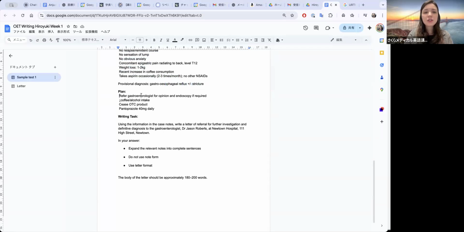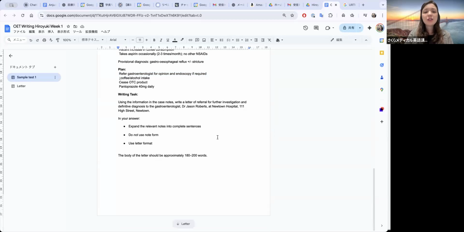Plan: refer to a gastroenterologist for opinion and endoscopy if required, decrease coffee and alcohol intake, cease the over-the-counter product, and prescribe pantoprazole 40 milligrams daily. Using the information in the case notes, write a letter of referral for further investigation and definitive diagnosis to the gastroenterologist, Dr. Jason Roberts at Newtown Hospital, 111 High Street, Newtown.